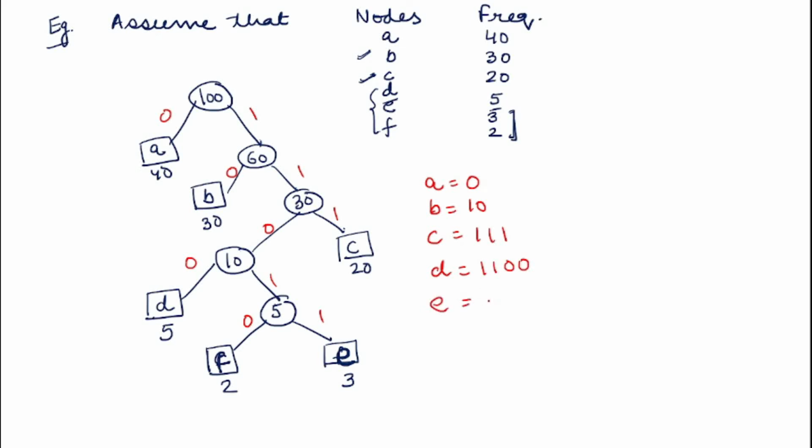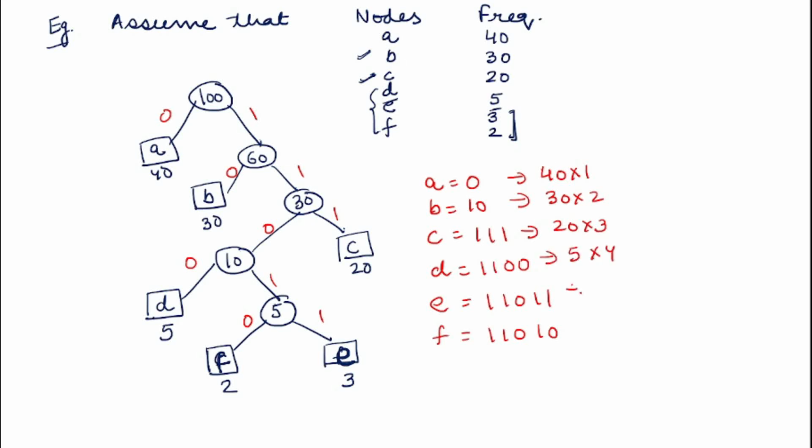Then E is equal to 1 1 0 1 1, and F is equal to 1 1 0 1 0. Alright, so the frequency is 40, so we take length multiplied by frequency. So this is 40 multiplied by 1, this is 30 multiplied by 2, this is 20 multiplied by 3, this is 5 multiplied by 4, this is 3 multiplied by 5, and this is 2 multiplied by 5.